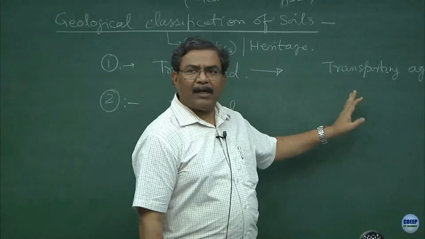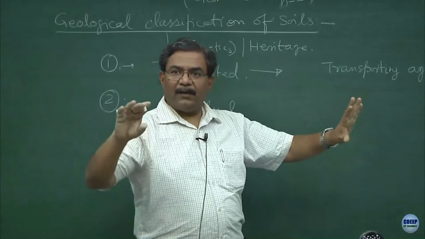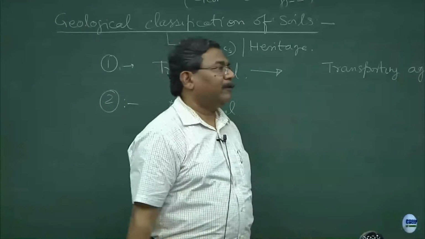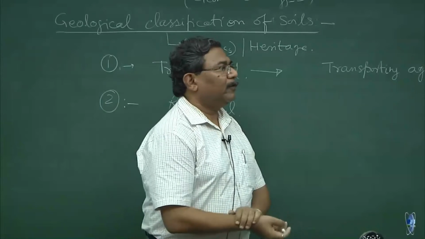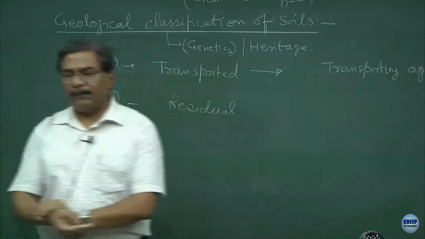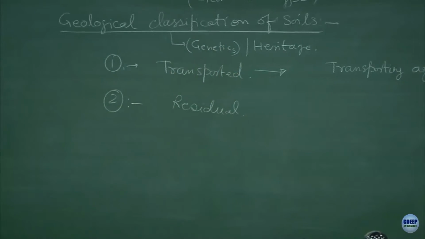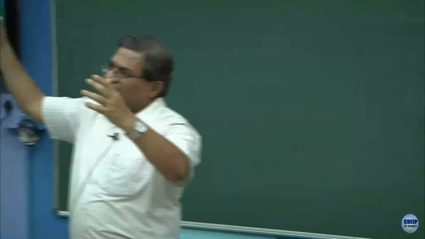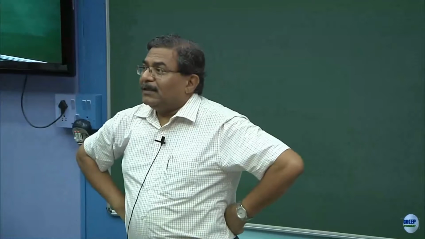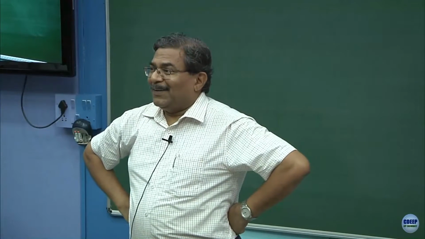Why? Avalanche. How many of you have seen an avalanche? Not only in Hindi movies, Hollywood, Bollywood movies, but in real life. How many of you have been to Manali, Rohtang and all these places? You must have seen a snow avalanche. What are the properties of a snow avalanche? These are also geomaterials. Why?